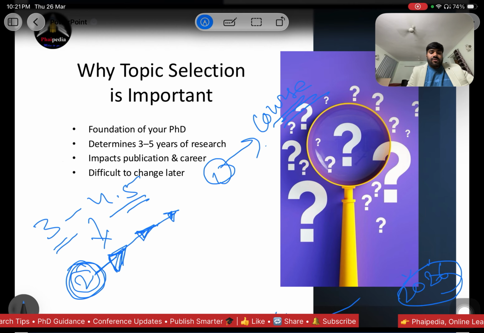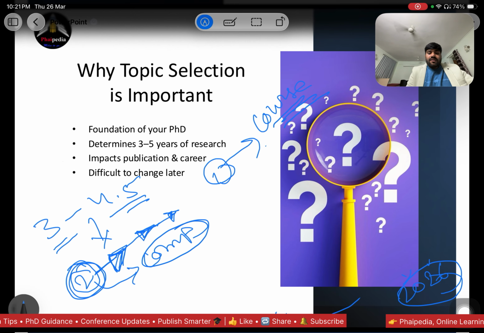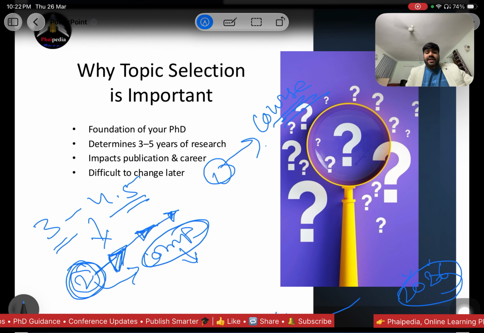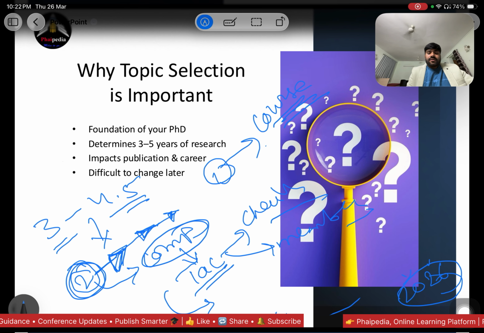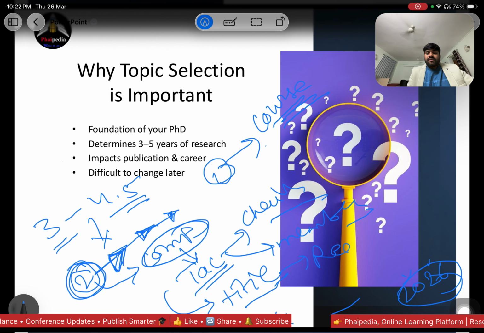This is the big one because after the second year you give the comprehensive exam, and after the comprehensive exam you have to decide your TAC chair and TAC member, and also give your title or the research area on which you want to do the research.